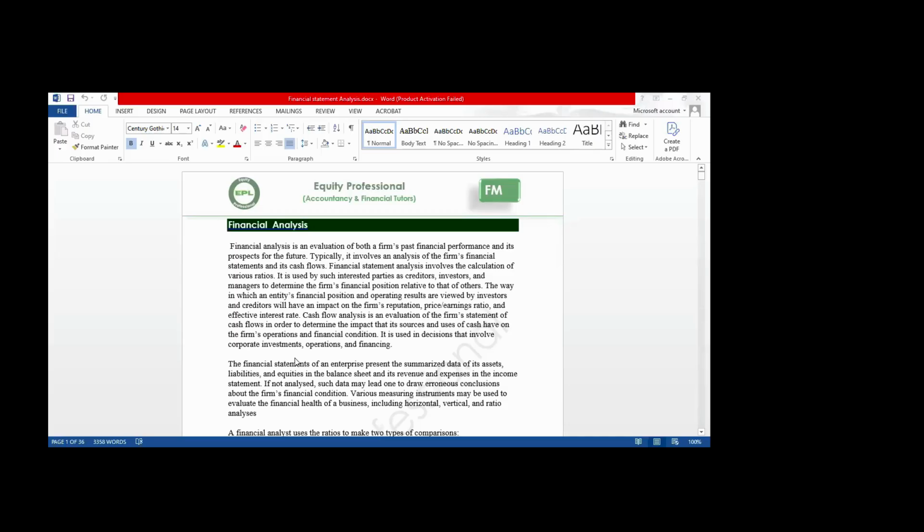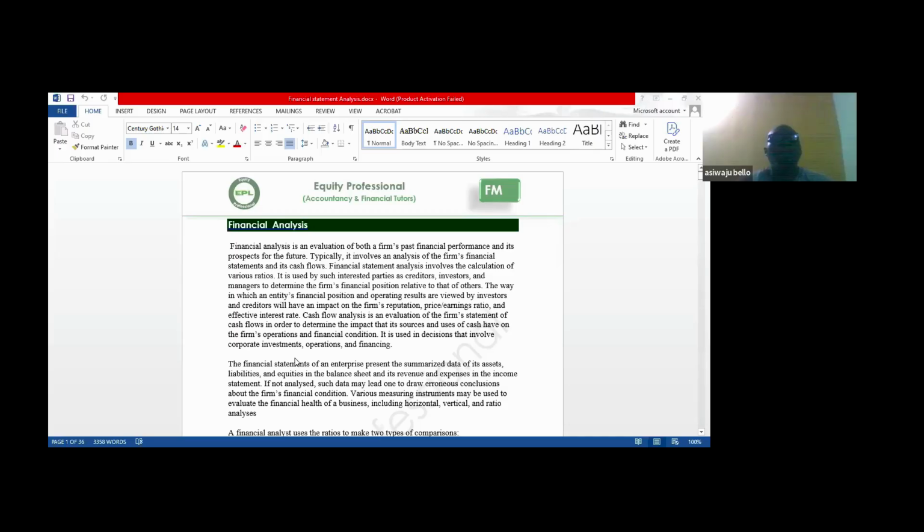We shall be rounding up on financial analysis. We started this topic like 2 weeks back. We look at financial statement analysis.